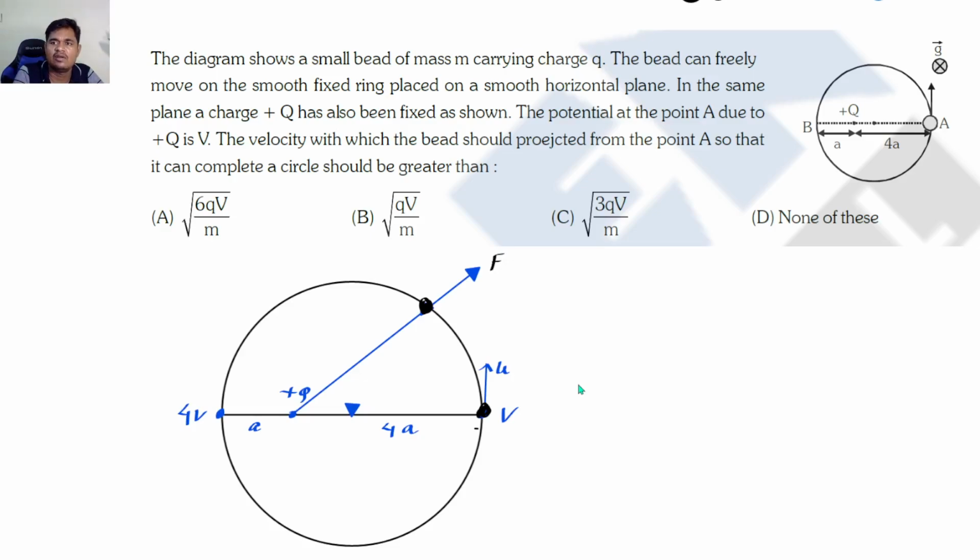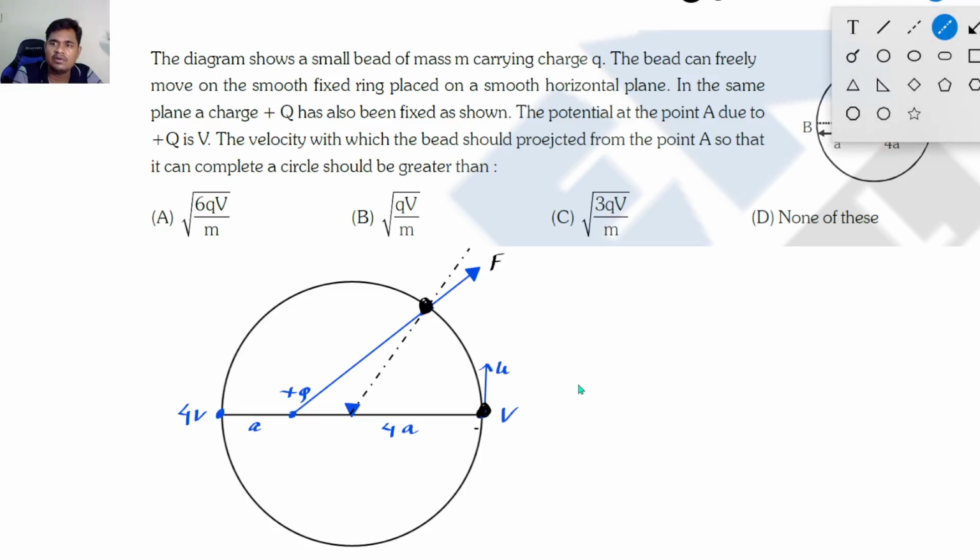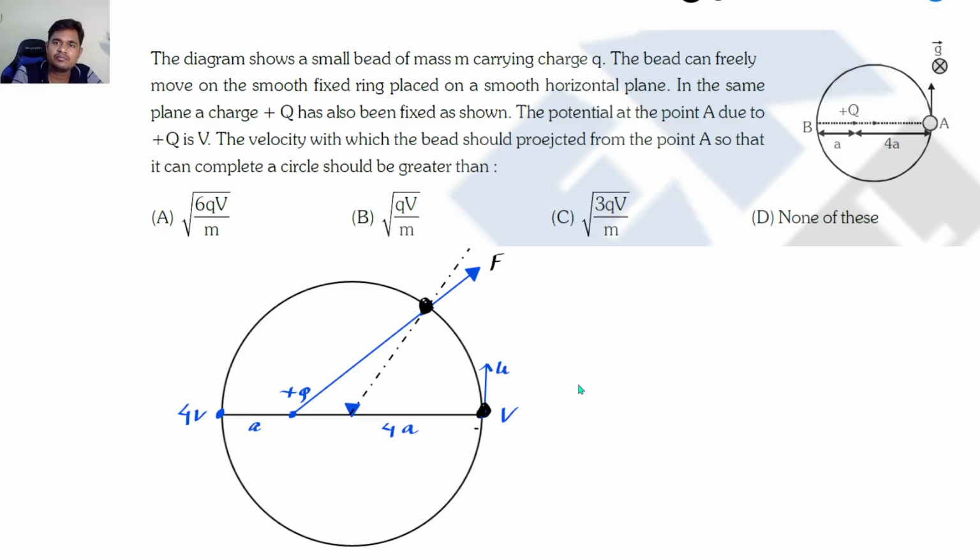If I draw a line from the center, you can clearly see that this force will have two components. One component is along this line, which will not affect the speed, and the other component is tangential to it, which will try to retard it.